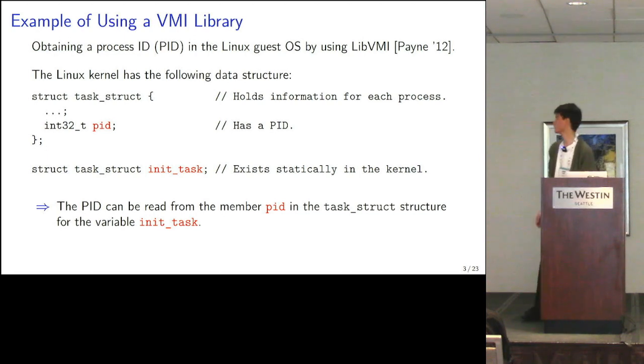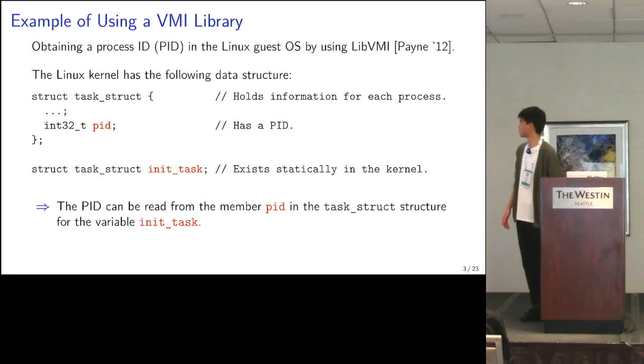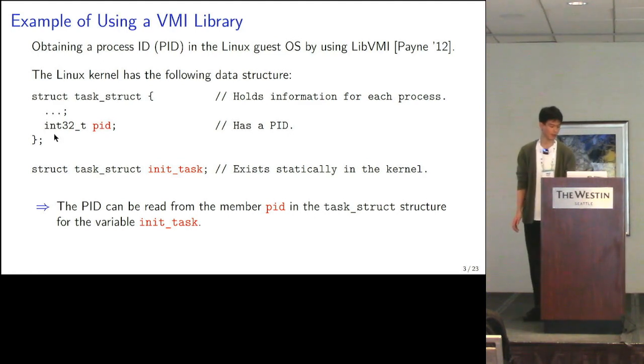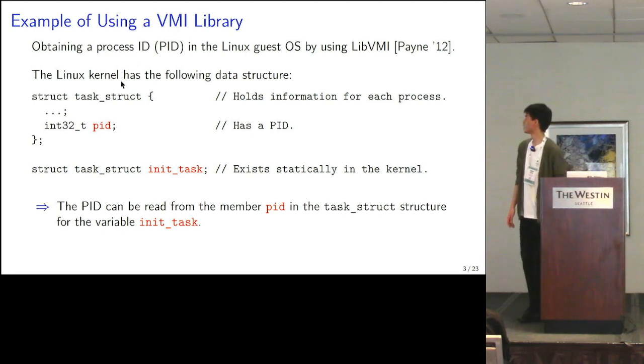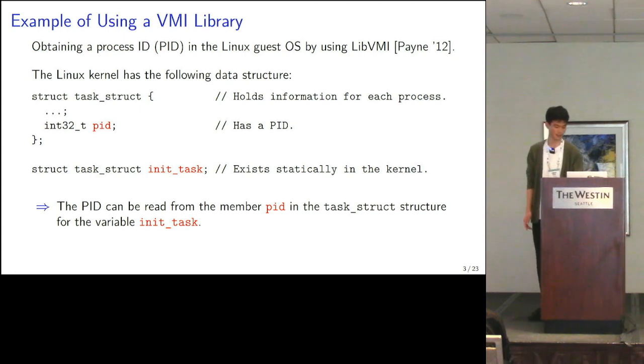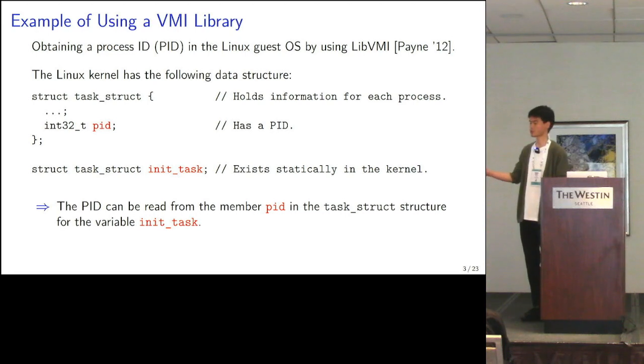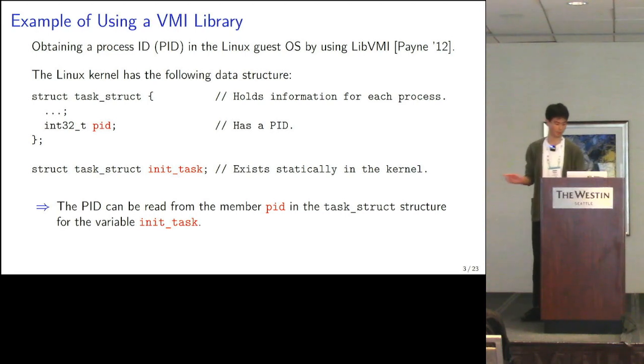First, in the Linux guest OS, the process ID is located in the member pid, which is a 32-bit signed integer type in the task structure. And the task structure also exists statically in the kernel as the init_task variable. Therefore, the VMI program can read the process ID by accessing the member pid in the task structure from the init_task variable.